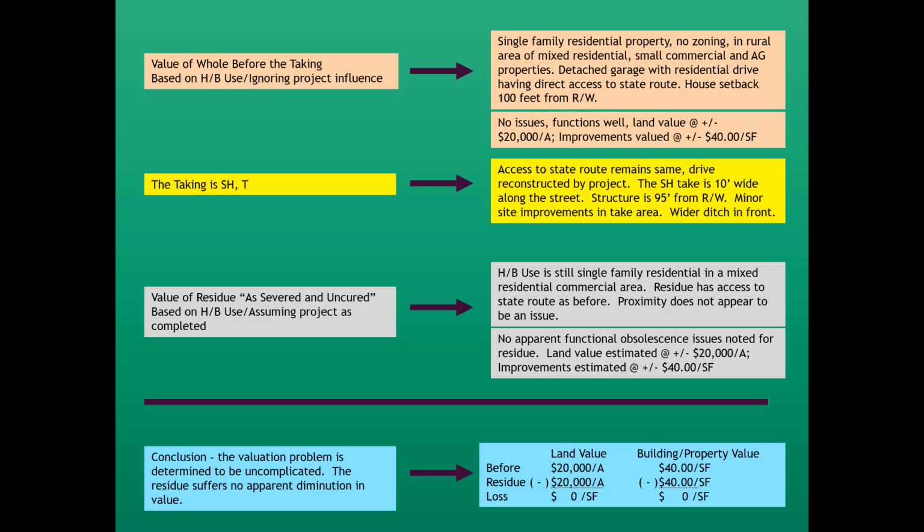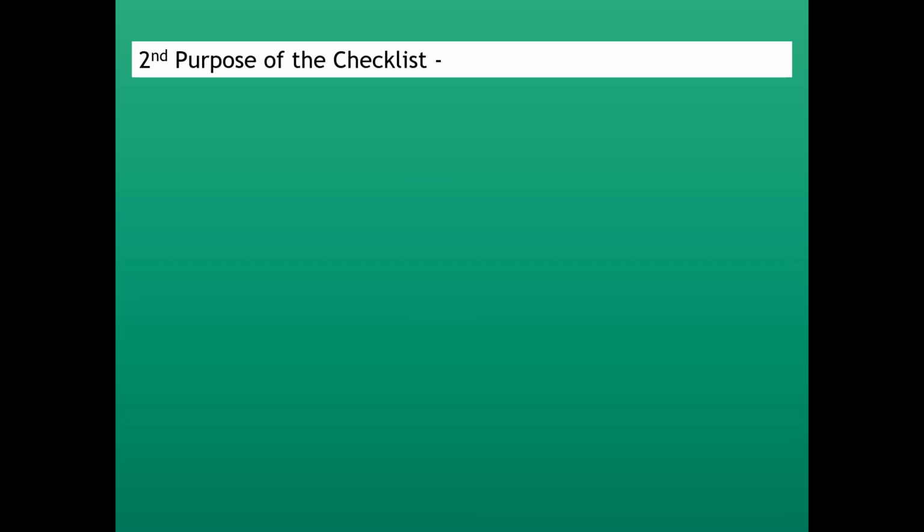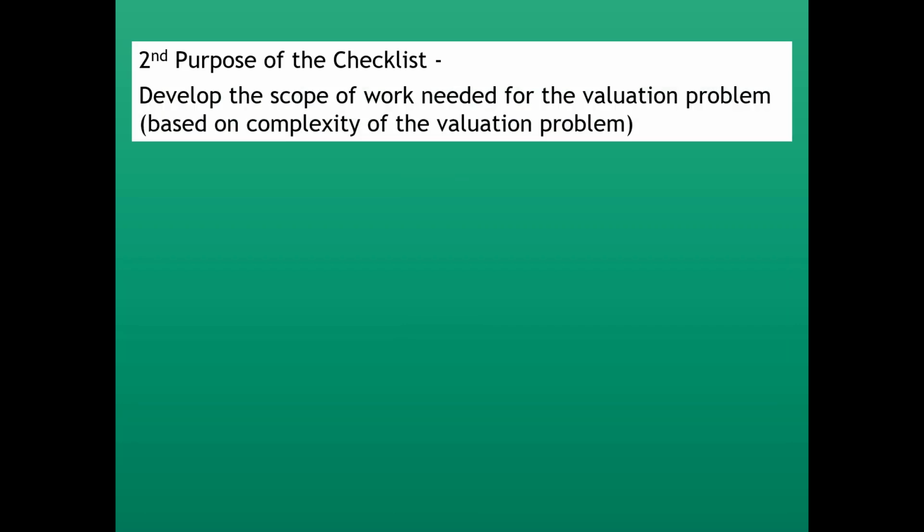Same with the building or property value at $40 a square foot in the before, $40 a square foot in the after, no loss. Therefore, what you could have done with the property before the take, you can also do with the property after the take. It's a nominal taking.